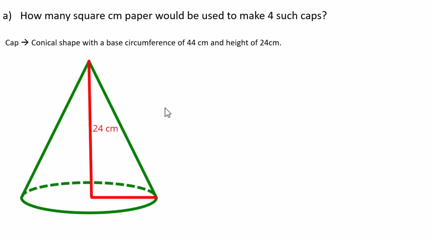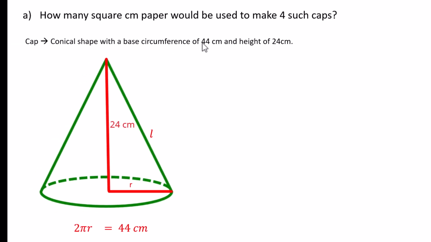The cone is 24 centimeters in height. The radius is r. We have the slant height as L, and 2 pi r equals 44 centimeters, the circumference that has been provided in the question.